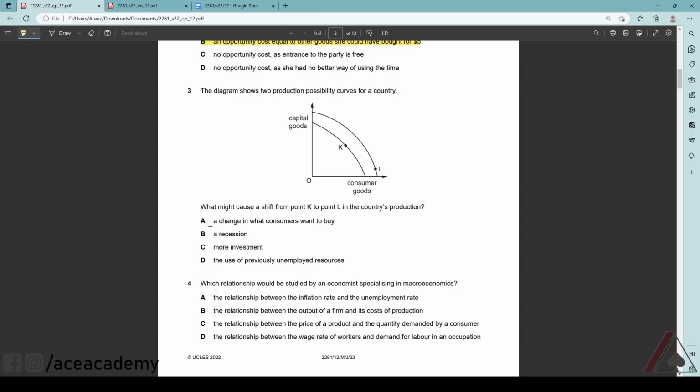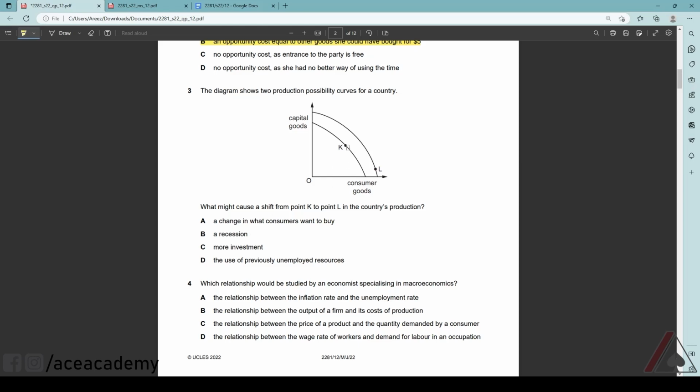Okay. A, a change in what the consumers wanted to buy. This is wrong. Why is it wrong? Because if there was a change in what the consumers wanted to buy, K would have just moved along the single curve, right? K would have either moved more towards consumer goods, or if people wanted to buy more capital goods, K would have moved towards the capital goods. It would not have shifted outward.